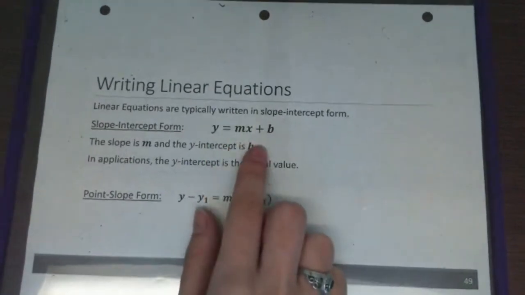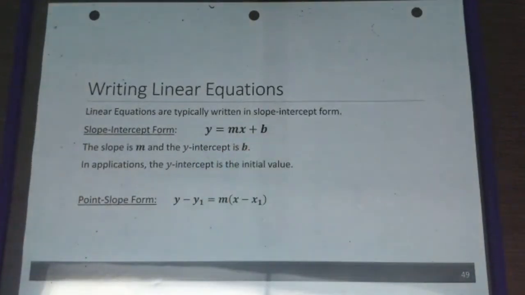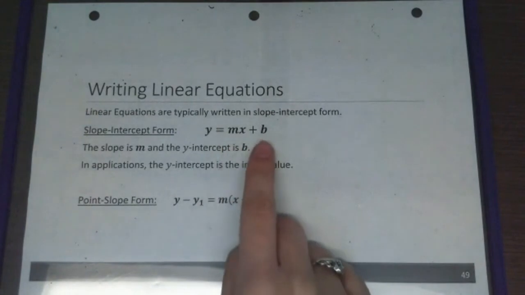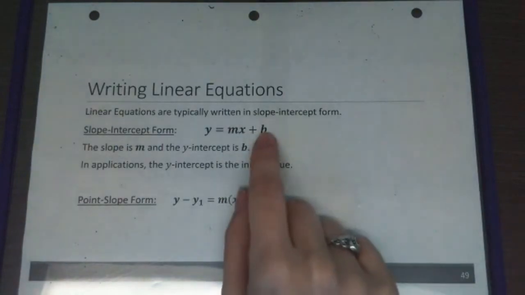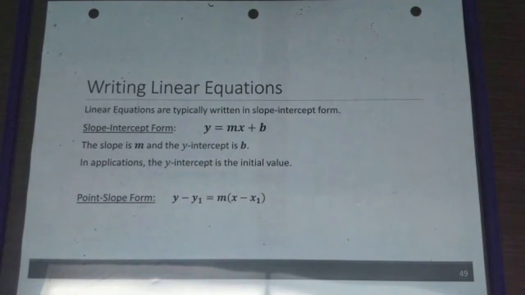This is one of our favorite equations. We've had it memorized forever. m is our slope, and b is going to give us information about our y-intercept. In application problems, this y-intercept value is our initial value, what we start with. And we'll see plenty of examples using this.